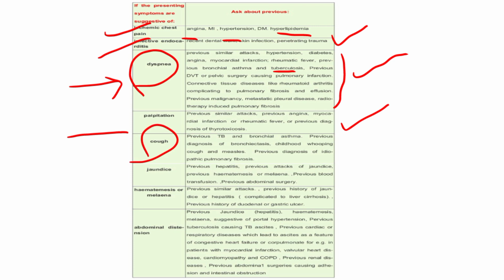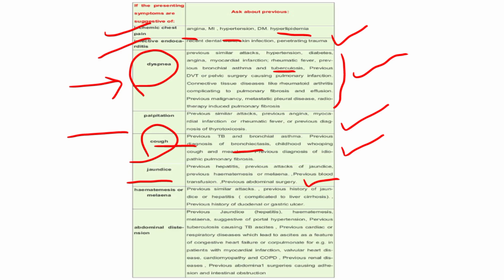In case of cough, you can ask about bronchiectasis, in which there is respiratory damage to the bronchi. Whooping cough, you can ask in the cough history. If the patient has jaundice, in which the bilirubin level is increased, you can ask him about hepatitis, because these are interrelated.